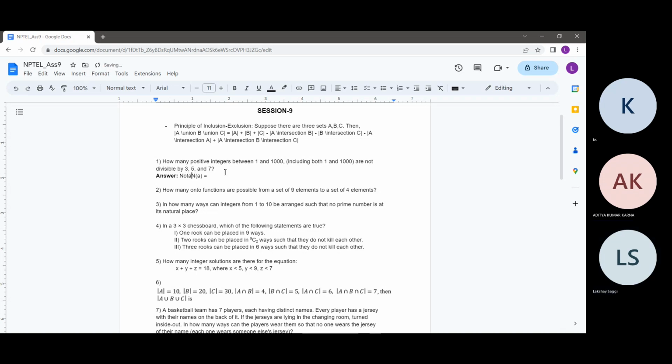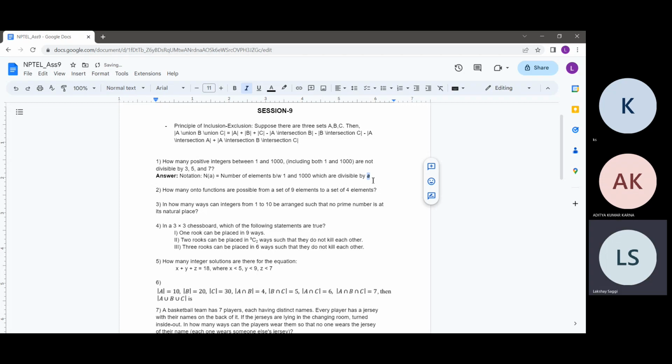Let me clear this problem. And by n of a, I'll denote the number of elements between 1 and 1000 which are divisible by the number a.